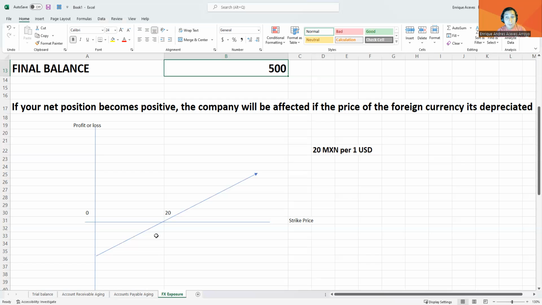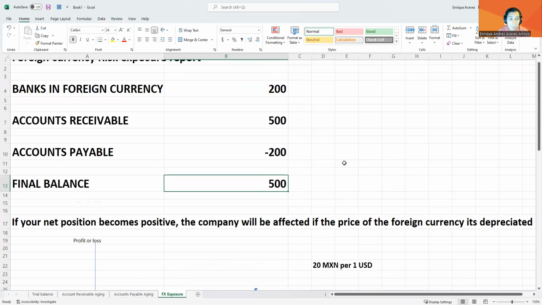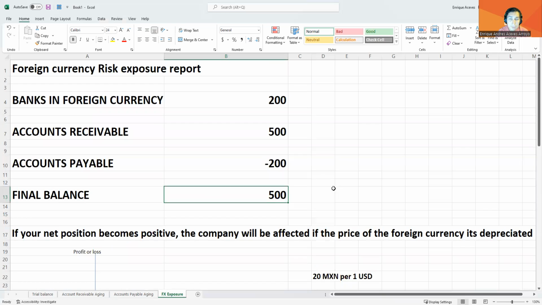On the other side, you will lose if the US dollar gets depreciated because you will receive fewer Mexican pesos for your $500. And that's the example of how you get your risk exposure.